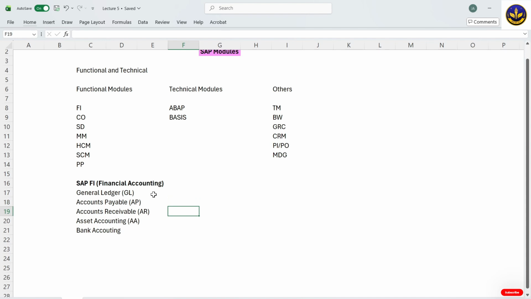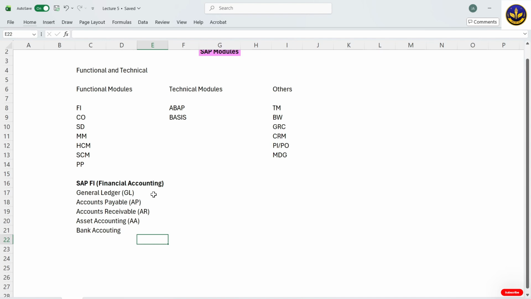And then we are having asset accounting, which deals with the acquisition of the asset to the retirement of it. And in between, we are having transfer of asset, depreciation, and everything. And then we are having bank accounting. So, bank accounting mainly deals with the statement reconciliation, which should match with our own maintained accounts.